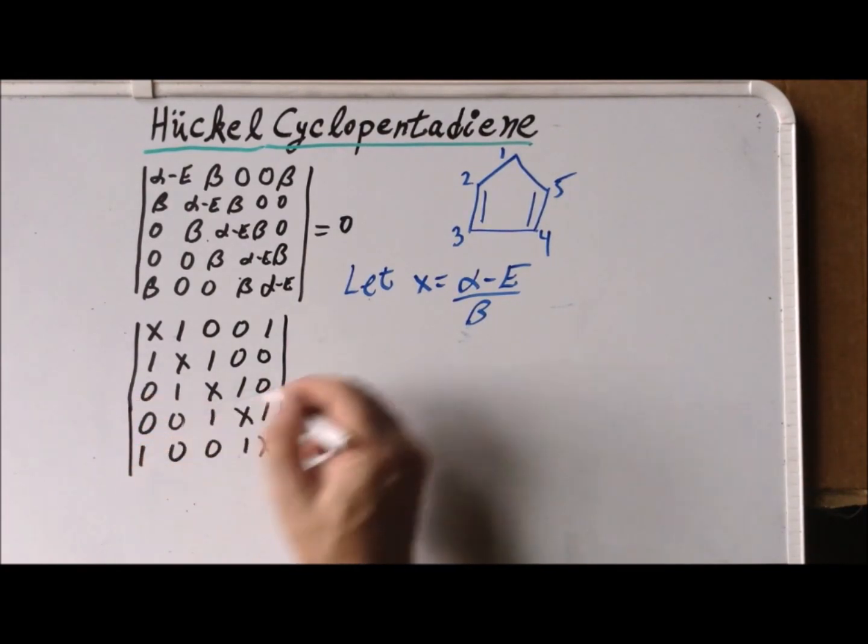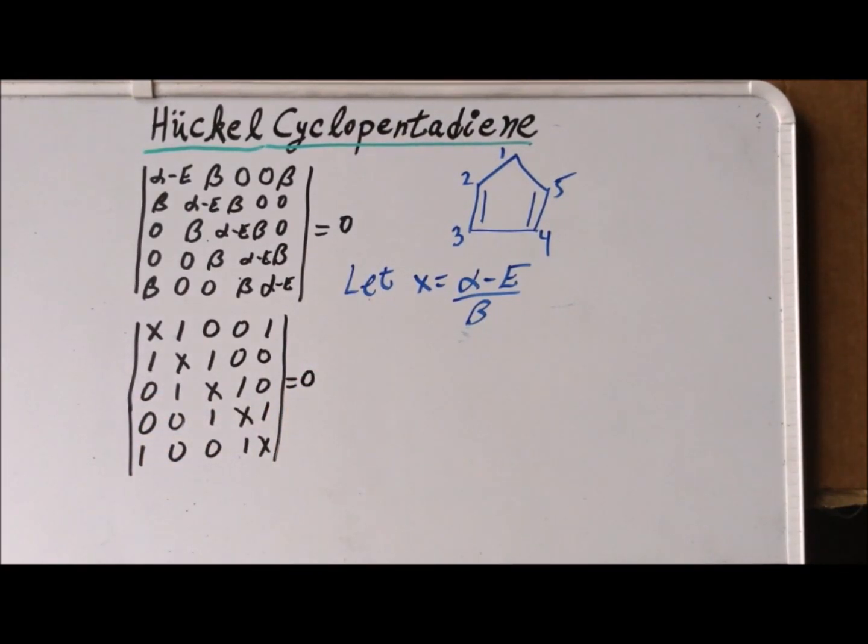And we set this equal to 0. Our next step is to expand this 5 by 5 determinant using minors.